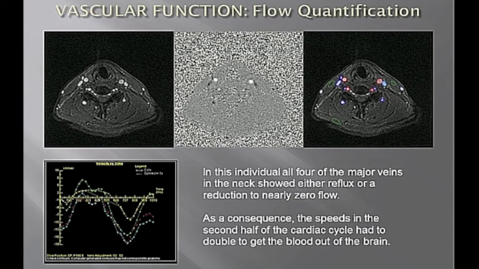And in order for the blood to get out of the brain, instead of the average speed being 10 centimeters per second, it had to peak up to 20 centimeters per second, or they wouldn't have got the blood out of the brain in time. So that's a very stressed fluid dynamic system. It's not one where you have nice constant venous flow out.